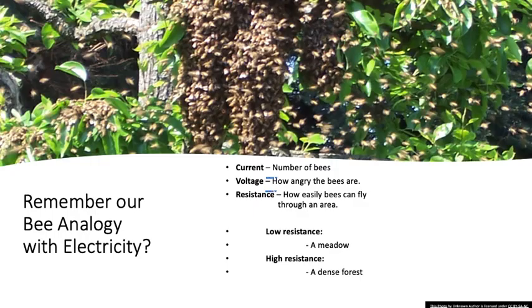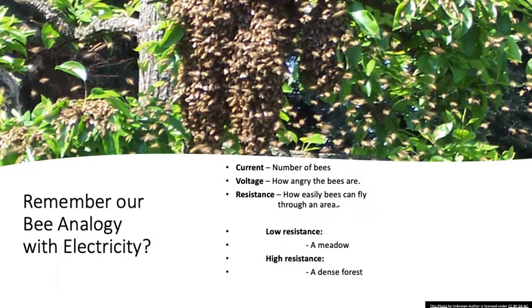Okay, let's think about electricity again in terms of bees. We've talked about an analogy with bees. We've talked about an analogy with water. Remember when we talked about current with bees? Current was the number of bees. And we compared voltage to how angry the bees were. Well, what we want to look at is how do we compare something's resistance to something appropriate with bees?